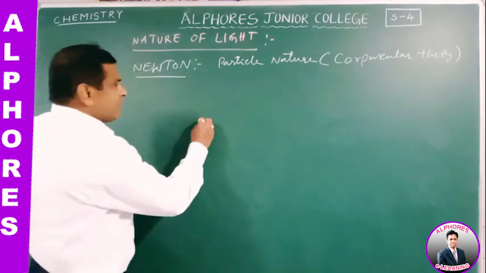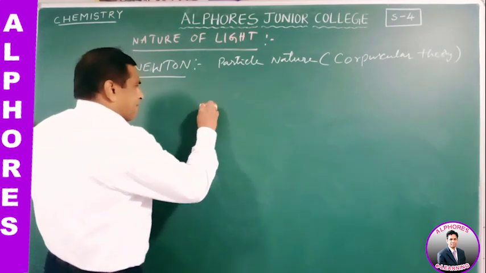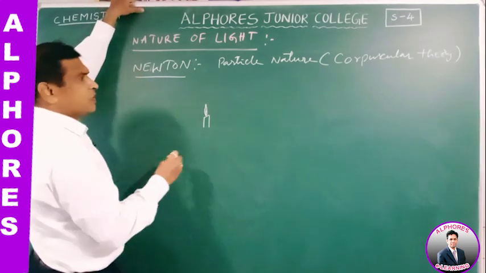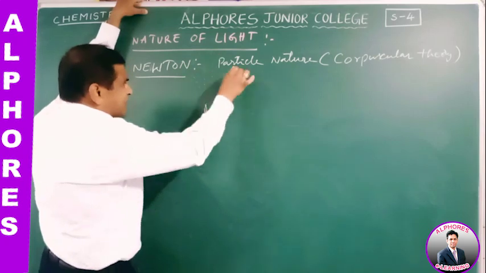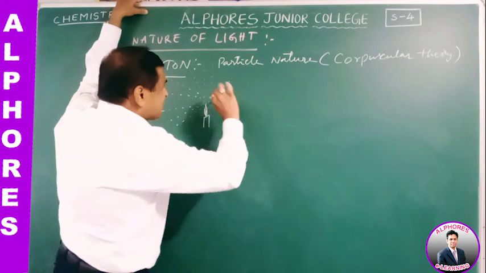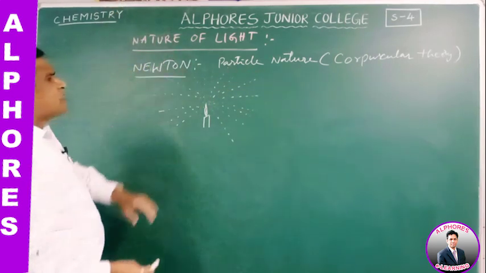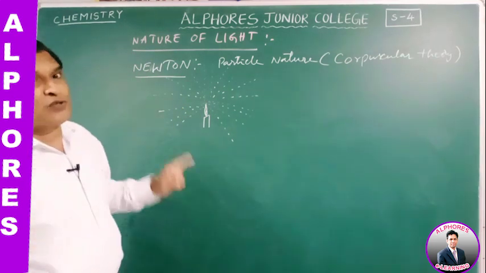So light is made up of a large number of invisible streams of particles, all these are the particles, distributed uniformly in all directions in straight lines.